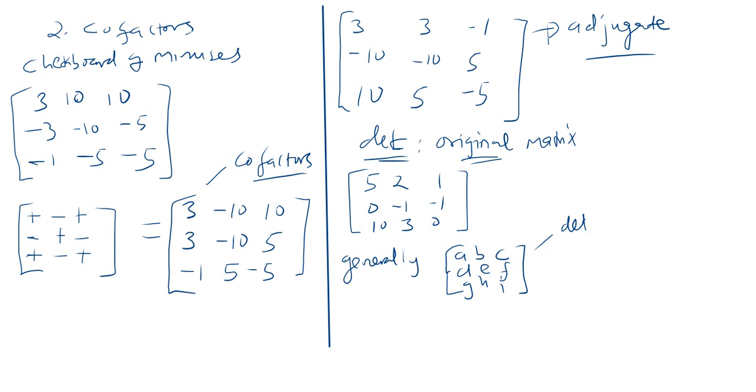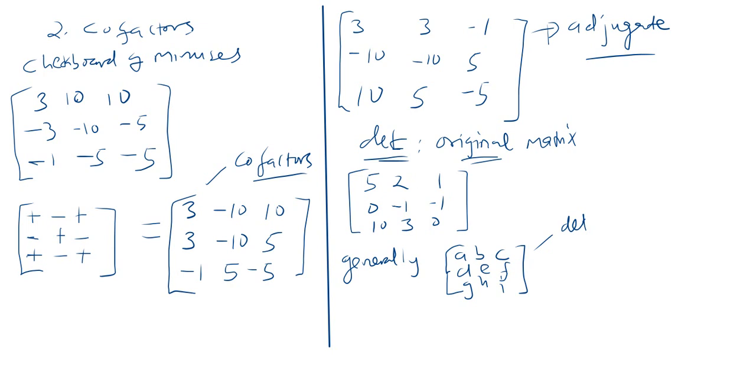For each element in the first row, you take the value multiplied by the determinant of its minor. The minor is the matrix you get when you ignore the current column and row.